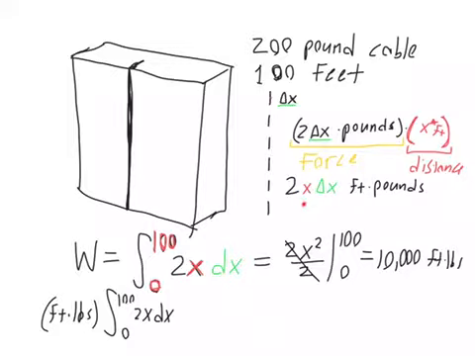X is the distance of that little piece of cable that we actually end up moving. And 2 happens to be the pounds that we're talking about, so that we've just rearranged everything like this.